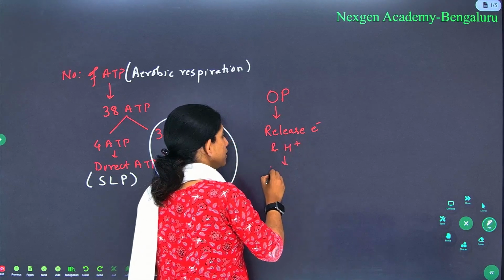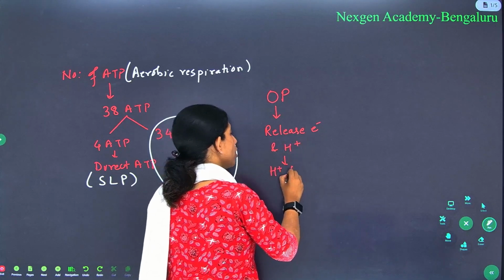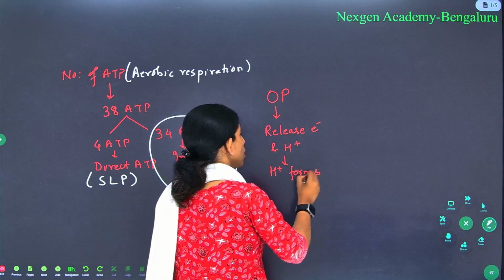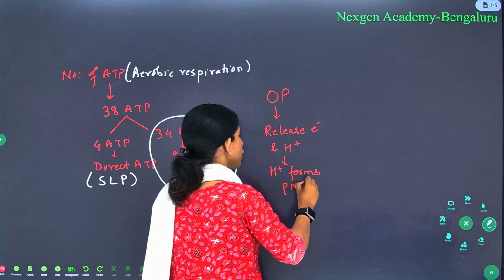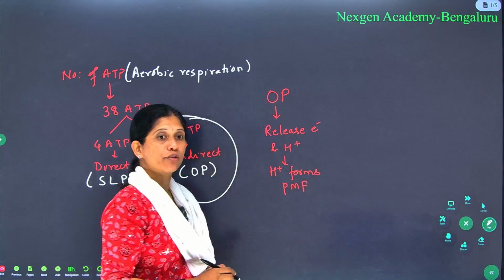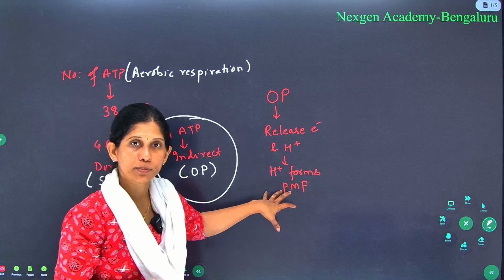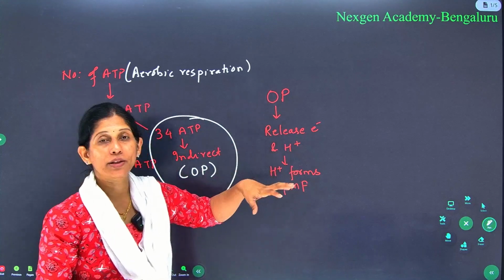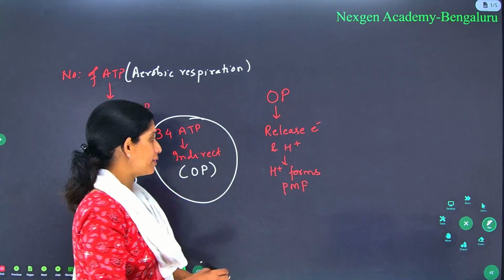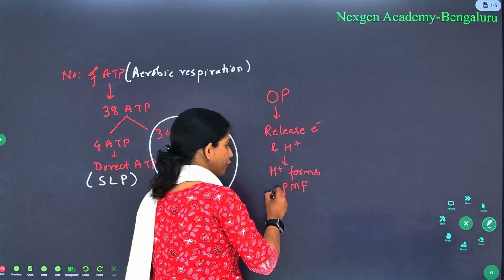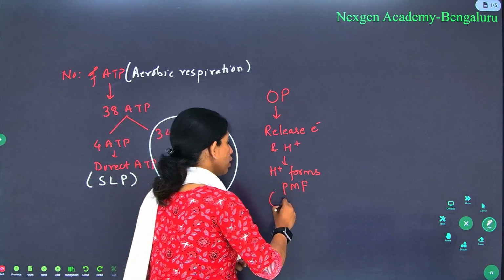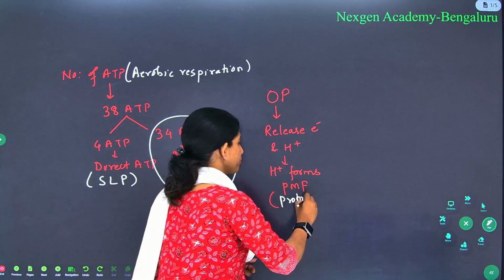Now these protons form the proton motive force, PMF. We'll have an explanation of this when we see the picture in our textbook. The proton motive force is nothing but proton energy.